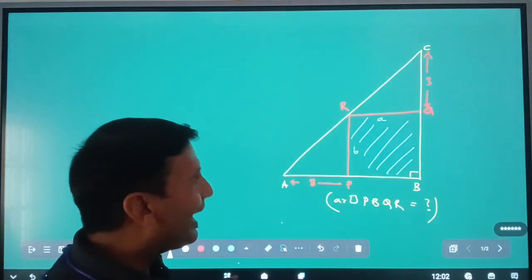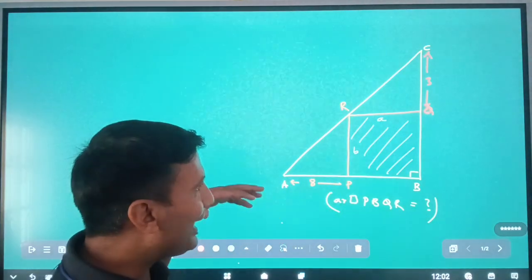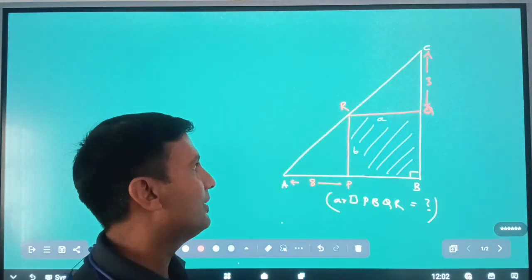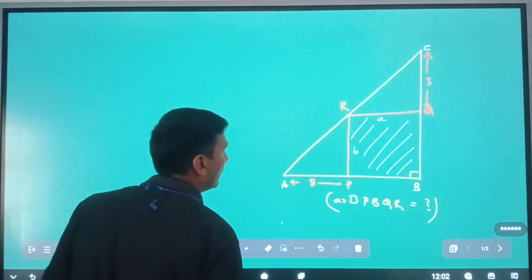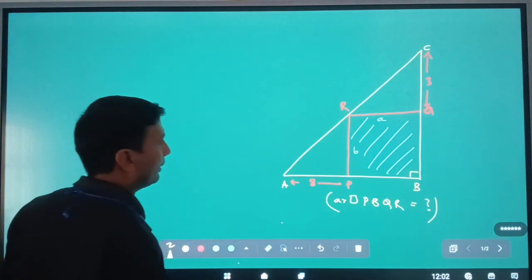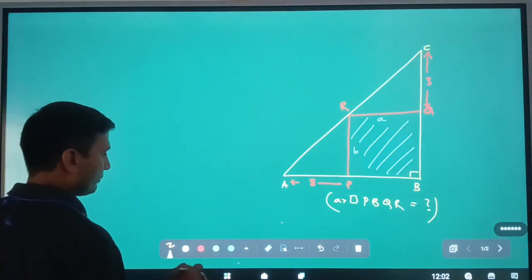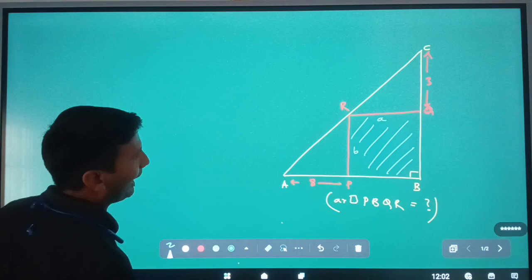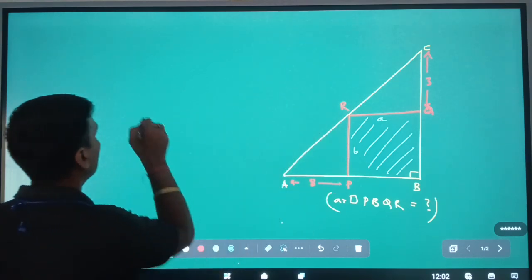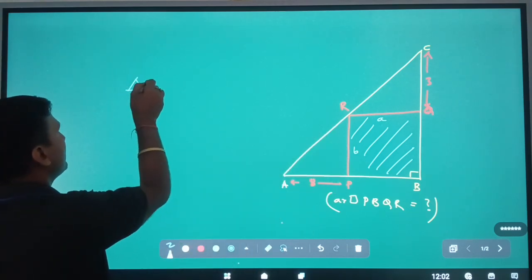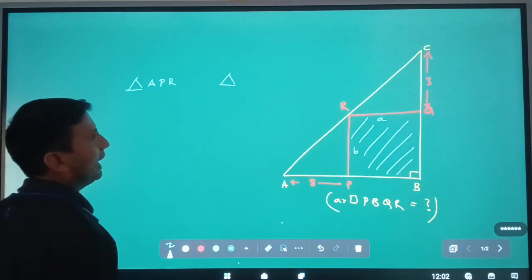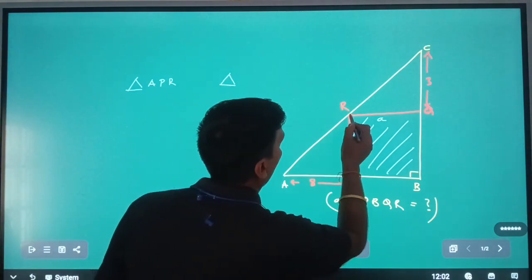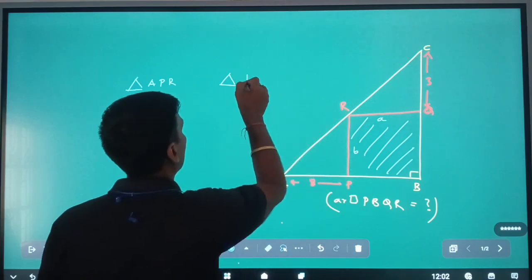Now, as I had stated earlier, I am seeing two right angle triangles here, and in these two triangles I am going to build up the concept of similarity. So I have one triangle as APR, triangle APR, and another triangle that I have, that is called RQC.